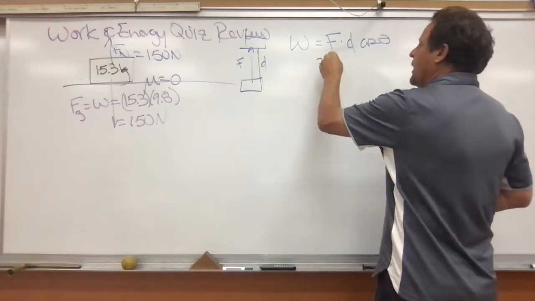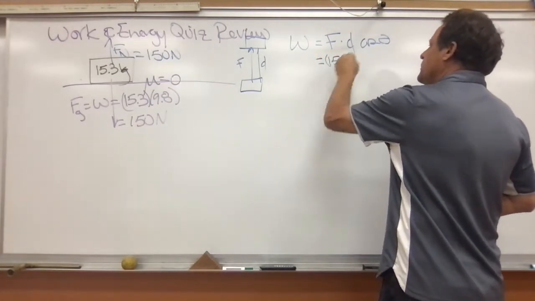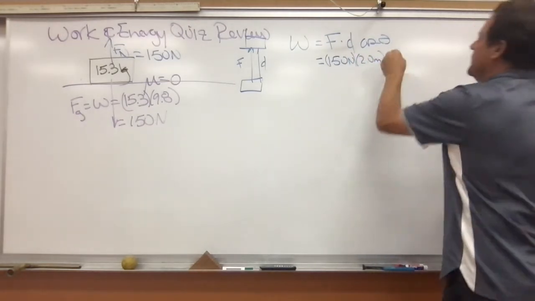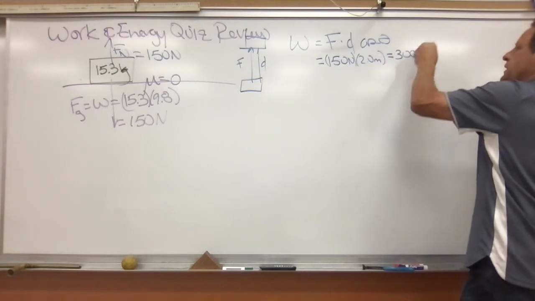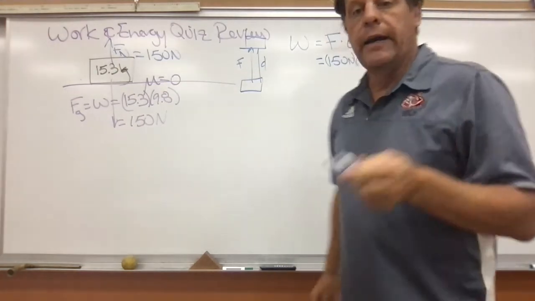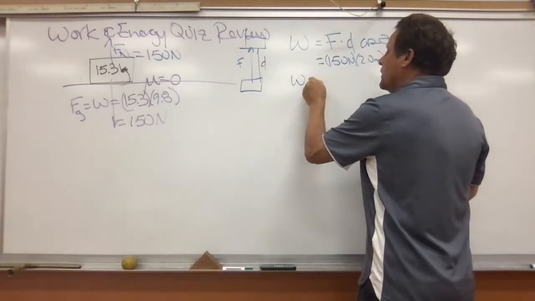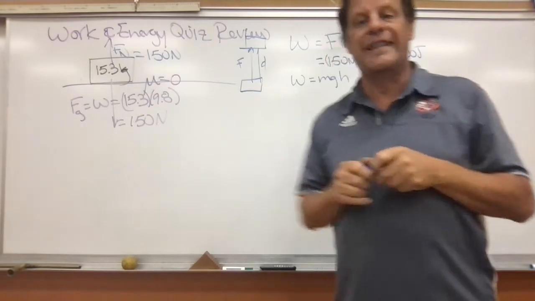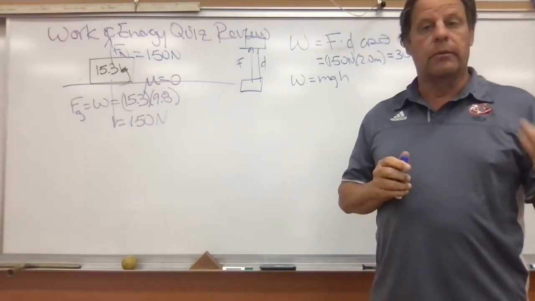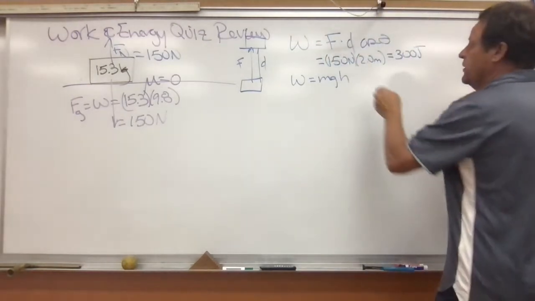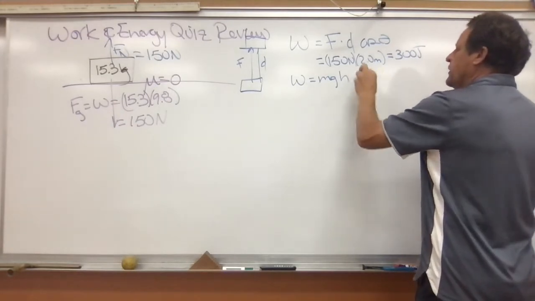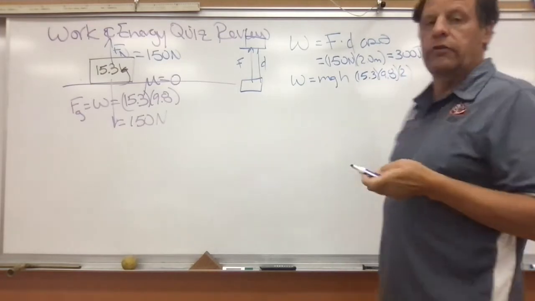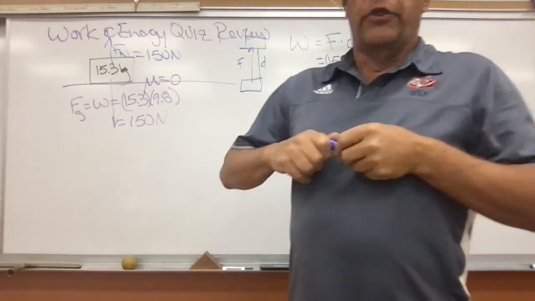So that would be 150 newtons times 2 meters, and that is going to equal 300 joules. And by the way, that work is also going to be equal to the change in the gravitational potential energy. So we're going to have 15.3 times 9.8 times 2 also equal to 300 joules.